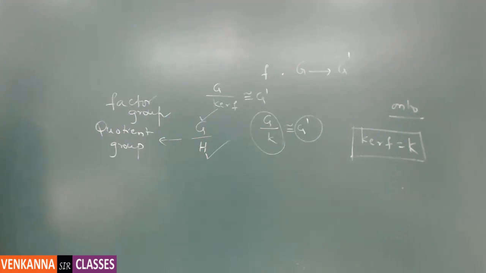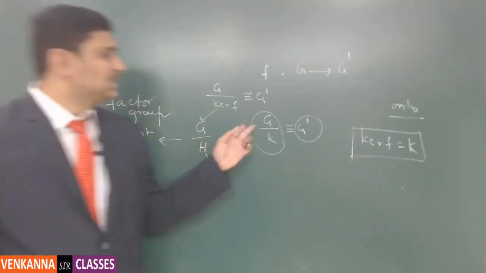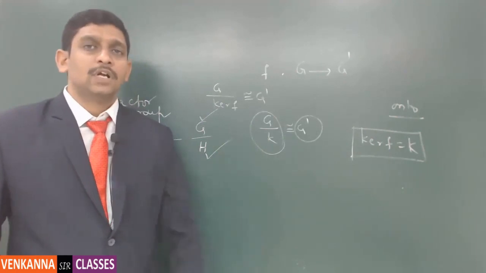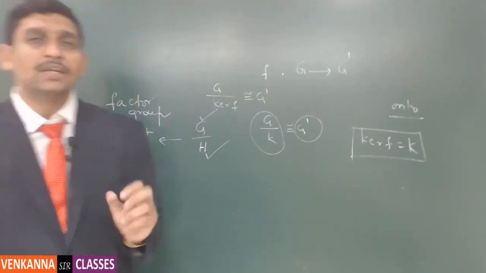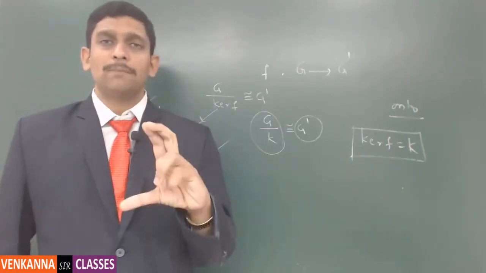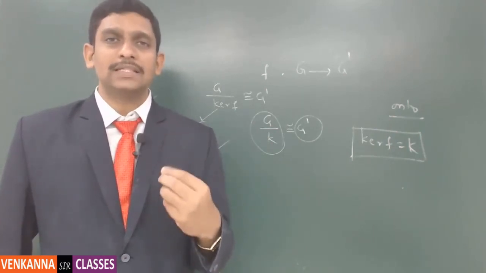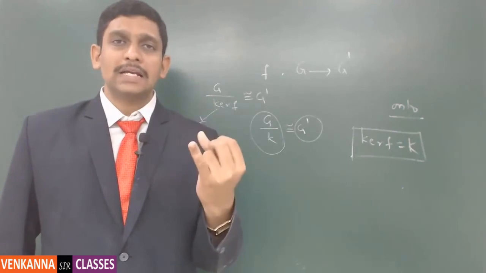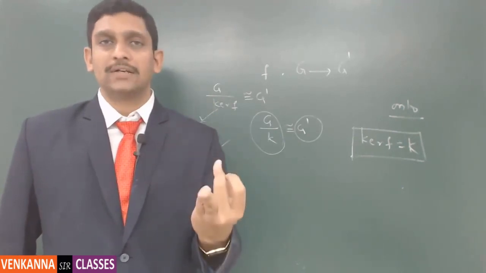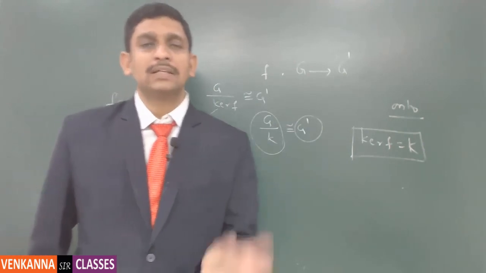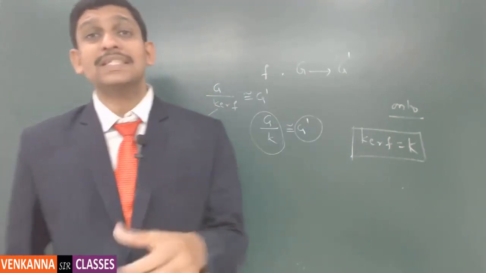Now you may have a doubt: is G by K a quotient group? Immediately we should understand that to form a quotient group, all we need is a group and a normal subgroup of it. In the previous theorem, we proved that the kernel of f is always a normal subgroup.